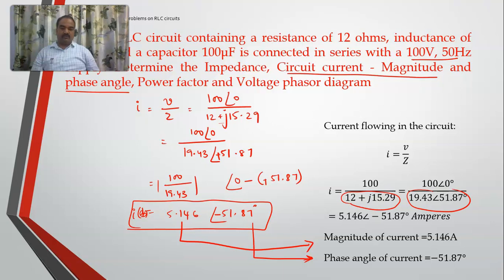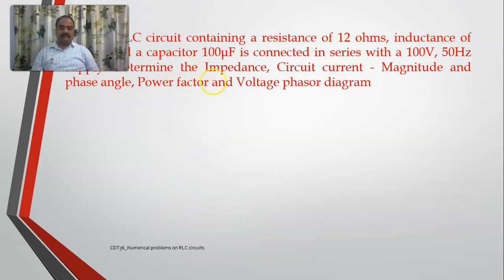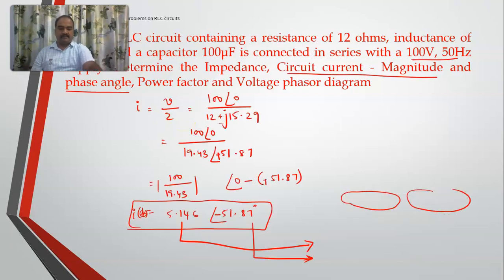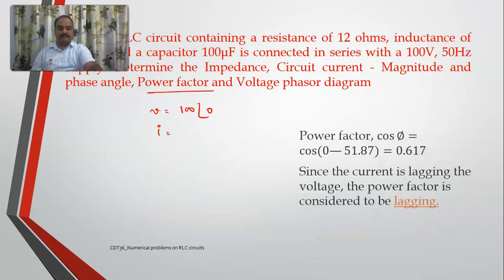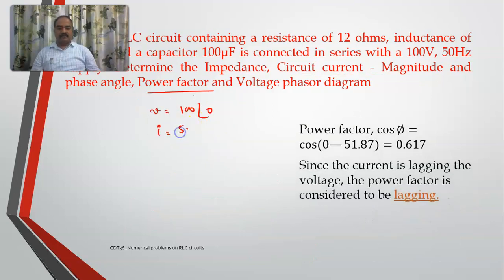Now if I move on to the next one, the power factor. V is equal to 100 at an angle of 0, whereas the current we have obtained is 5.146 at an angle of minus 51.87. When compared to the voltage, the current is lagging.